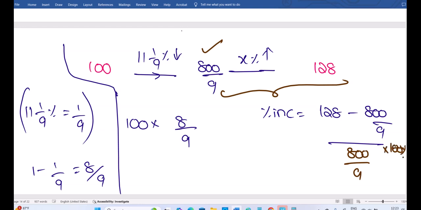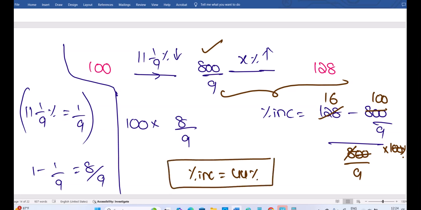So this 100 will cancel. This 9, after taking the LCM, will cancel. So the percentage increase will be, in fact, I'll divide every term by 8 also. We get 144, 44% is the answer. 9 also gets cancelled. We will get 44%.